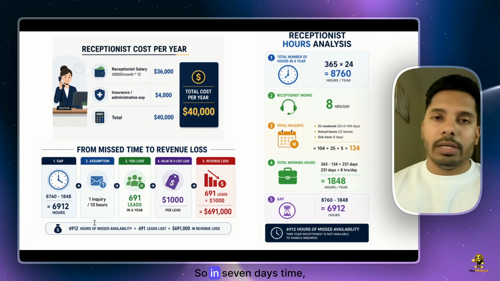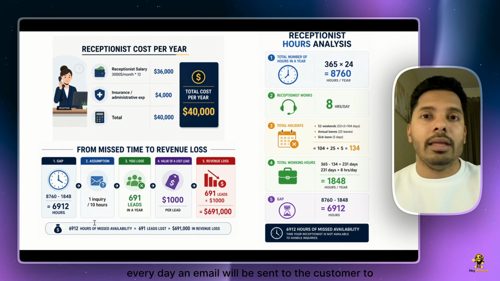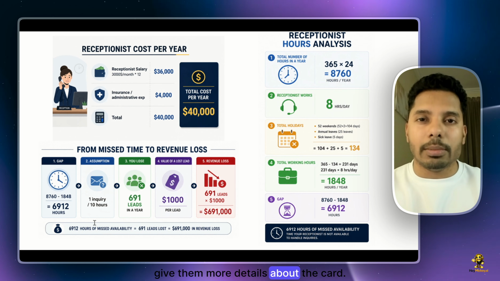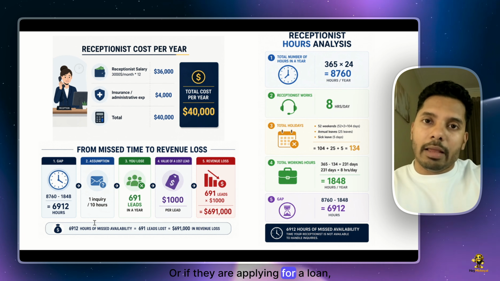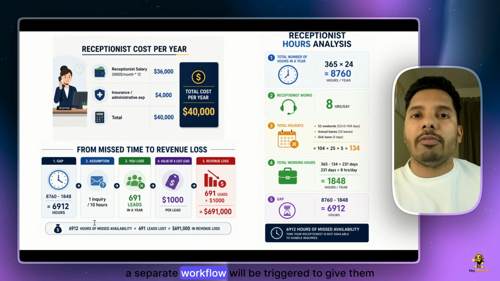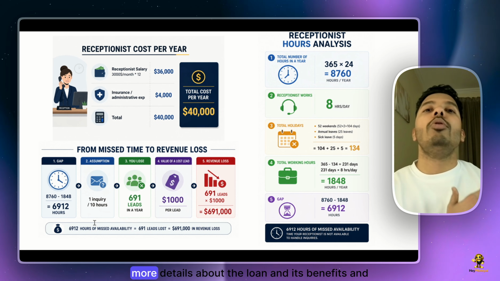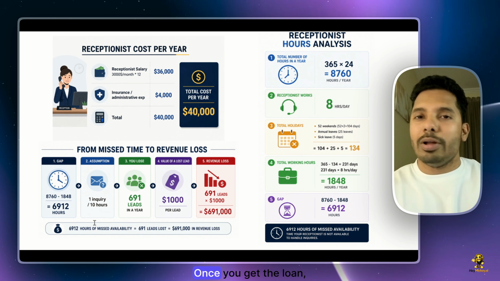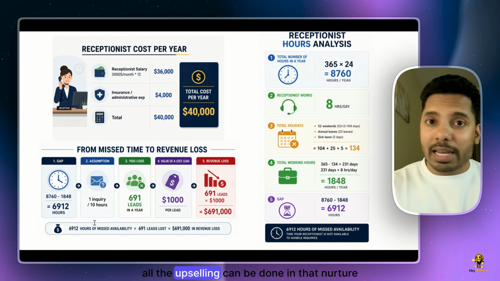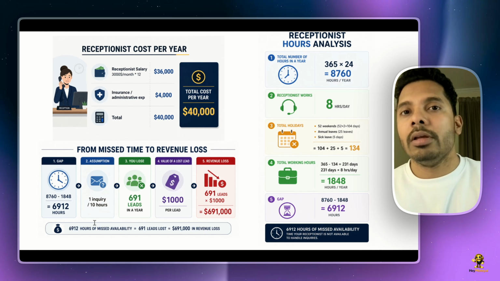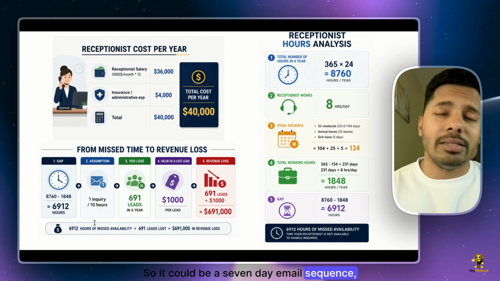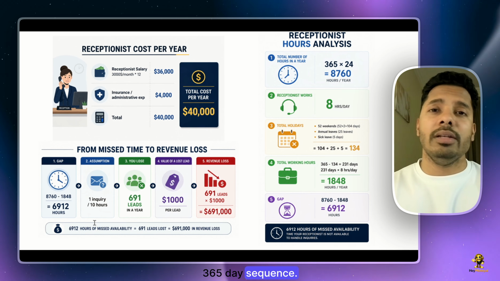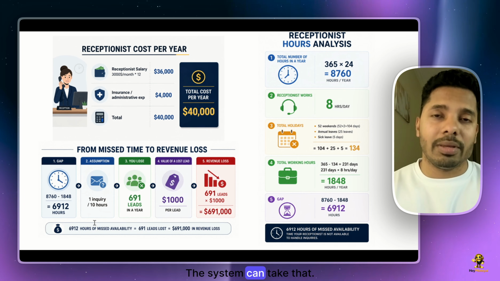In 7 days' time, every day an email will be sent to the customer to give them more details about the card. Or if they are applying for a loan, a separate workflow will be triggered to give them more details about the loan, its benefits, and how their life would change once they get the loan. All the upselling can be done in those nurture emails. It could be a 7-day email sequence, a 30-day sequence, or even a 365-day sequence. No problem at all. The system can take that.